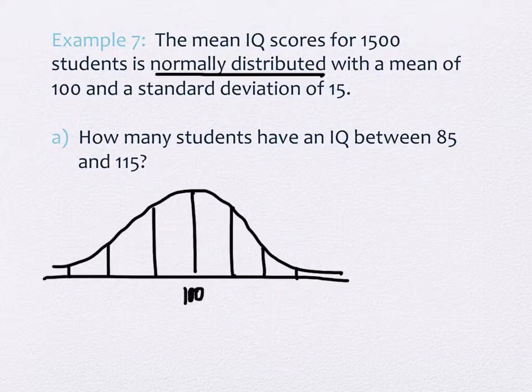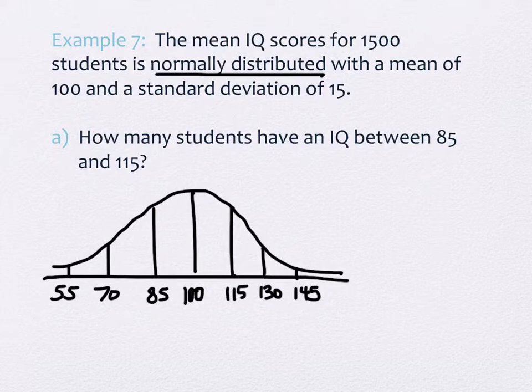So I started at 100, and I'll just fill in everything on the upper half by adding 15 each time. So this is 115, 130, and 145. And then I'll subtract 15 every time. So this is 85, 70, and 55.